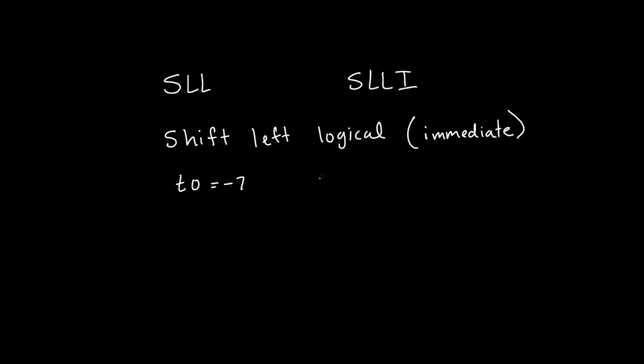So let's go back to our example of -7. And let's shift this left. Let's multiply it by 2. And I'm actually going to write out the RISC code so you can kind of see. So assuming that T0 holds the value of -7, we want to multiply this by 2.